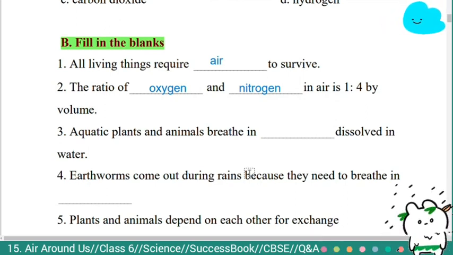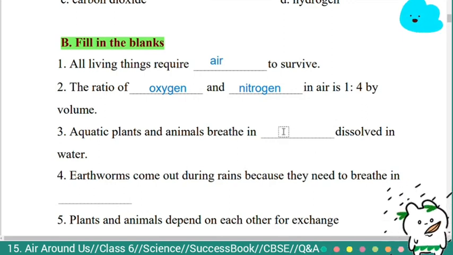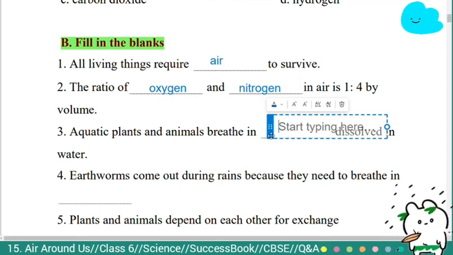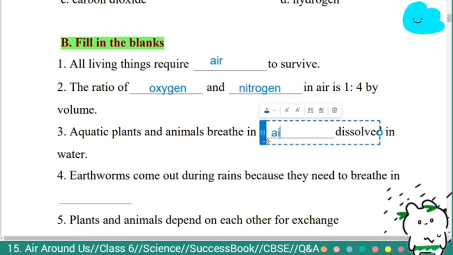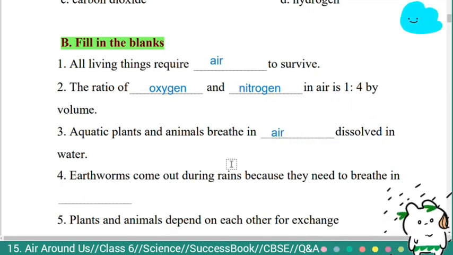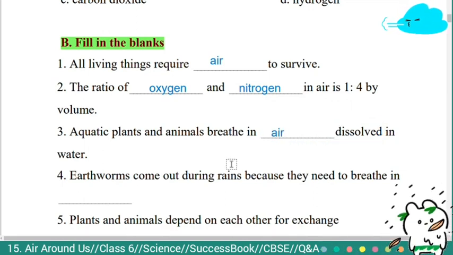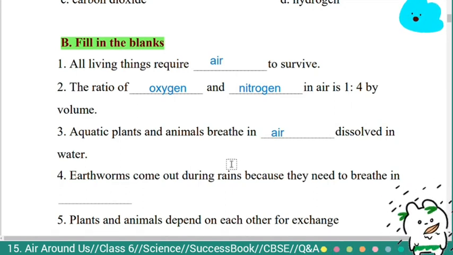Third, aquatic plants and animals breathe in dash dissolved in water. Aquatic plants and animals breathe in air dissolved in water.